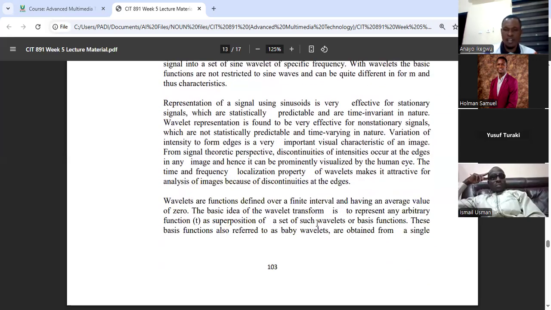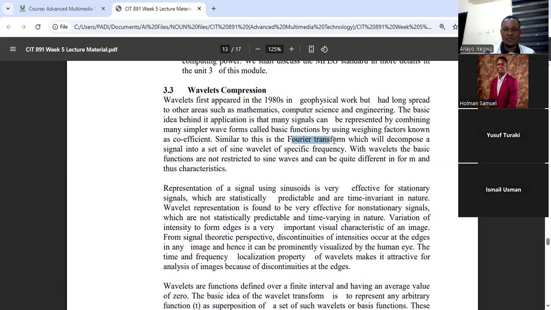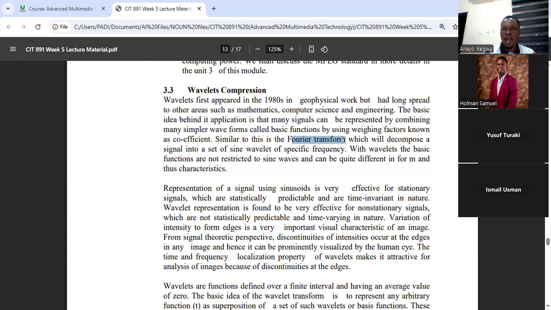All right, we have very short time to round up, but before we do that, we'll look at the representations of them. How was this represented in a Fourier transform? Some of the functions are restricted, but in wavelets, there are no restrictions.